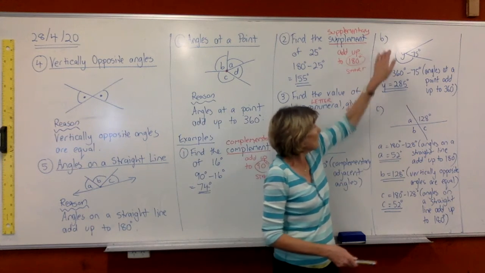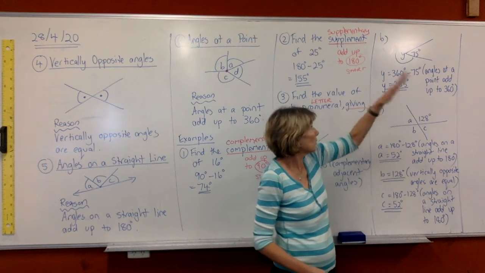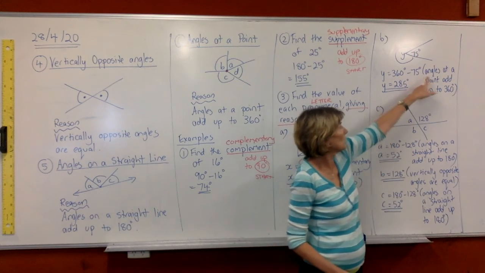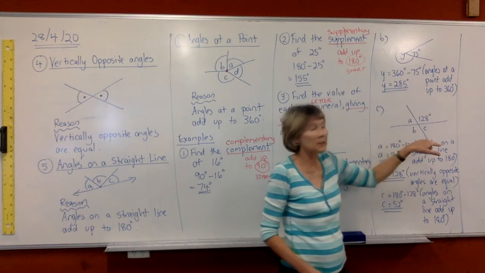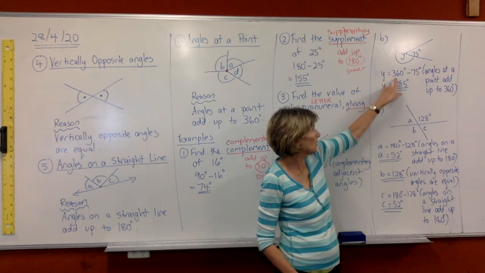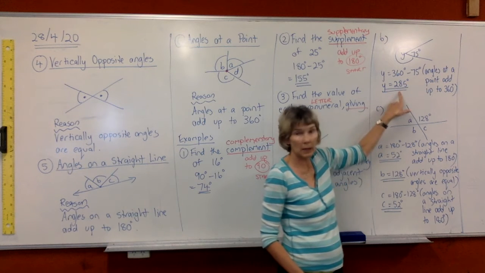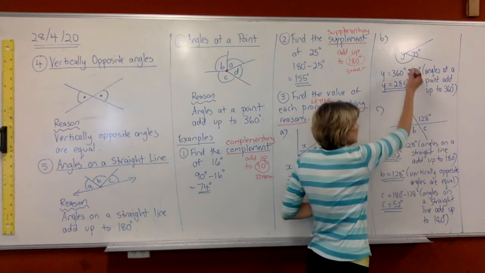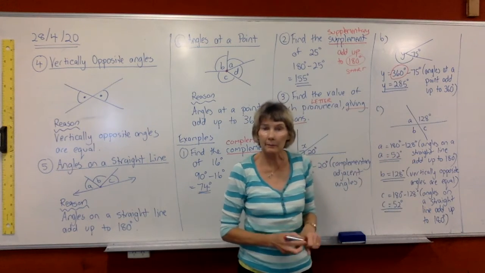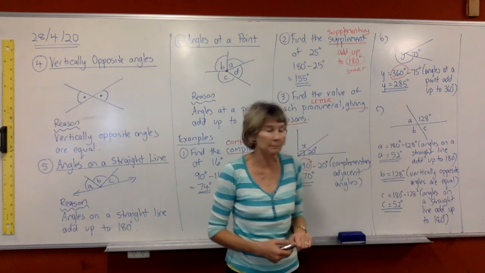Up here in B, we're looking at these and I hope you can see we have angles at a point here. We know that angles at a point add up to 360. So our line of working is going to start with the 360, take off the number they gave you and get your answer. But you've got to explain to them where that number came from. So that's your reason. You've got to write it next to that line.